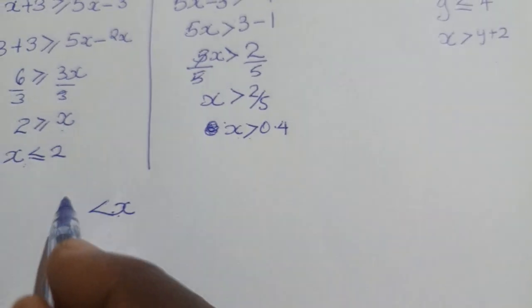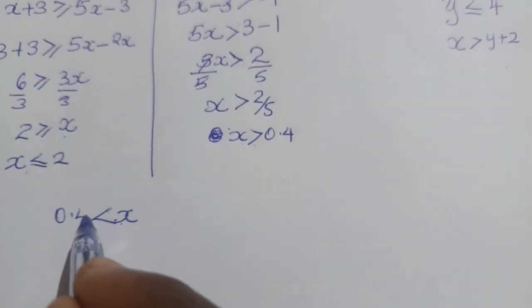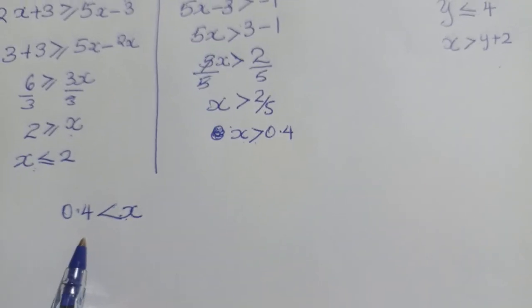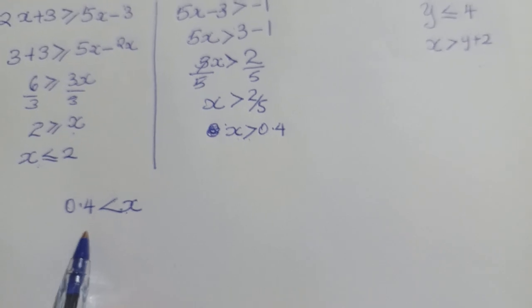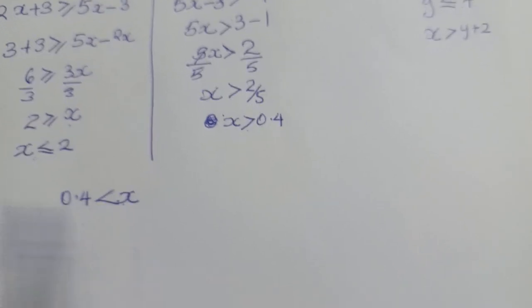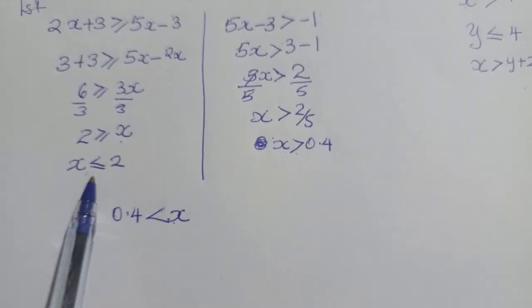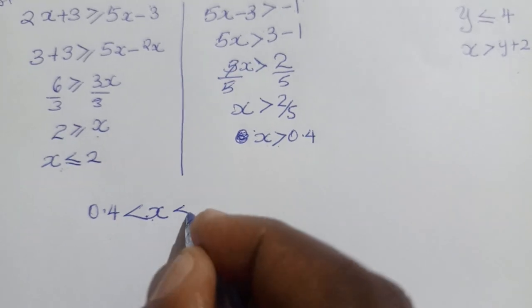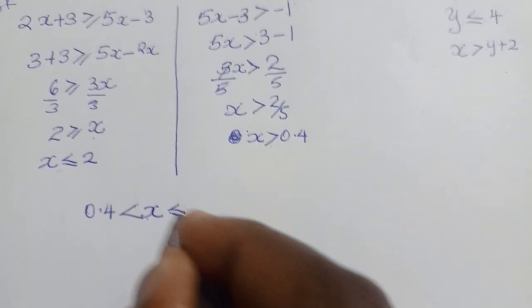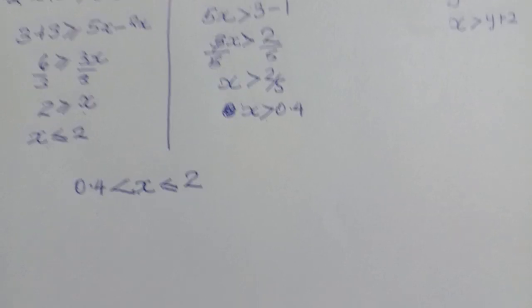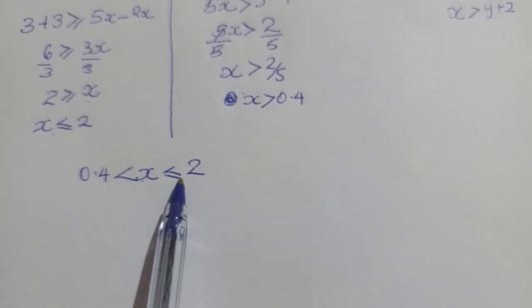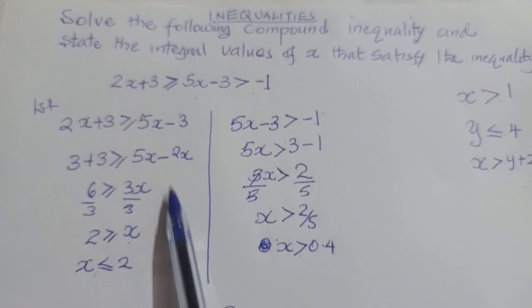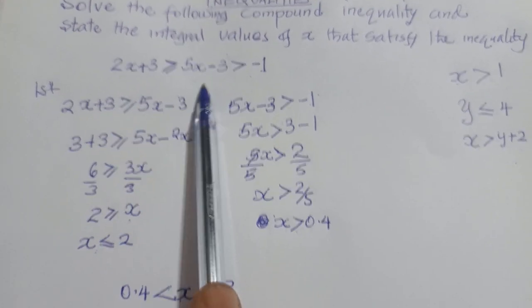So that we can write here as 0.4. Always start with the smallest number on the left hand side. And then you pick this other one, you can see, but the same x is less than or equal to 2. So this is the solution to our compound inequality.